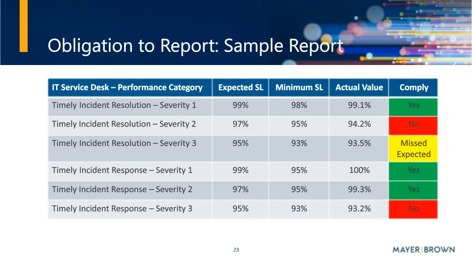On this next slide, we'll talk about how the obligation to report can act as an incentive for suppliers. So simply getting a monthly report like the one that's shown on the slide can provide much needed transparency, customer awareness, and spur governance discussions between the customer and supplier. And the very act of creating this report requires a supplier to reflect on any service shortfalls at a regular interval.